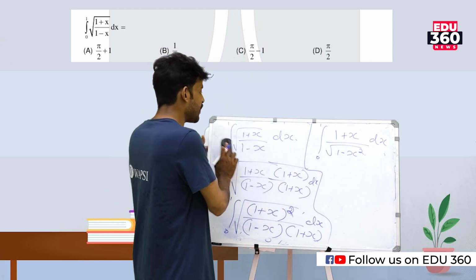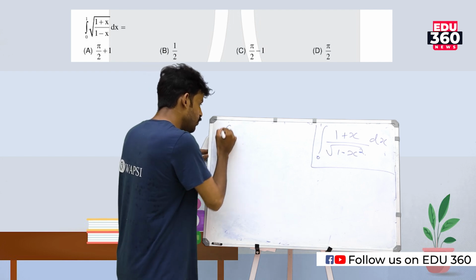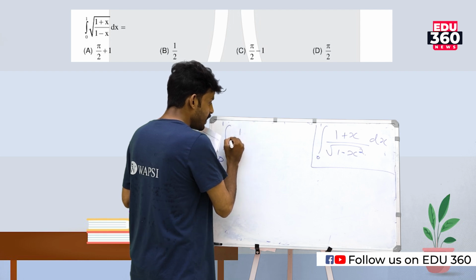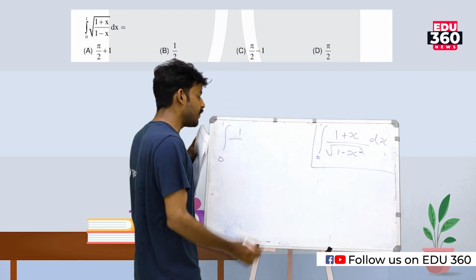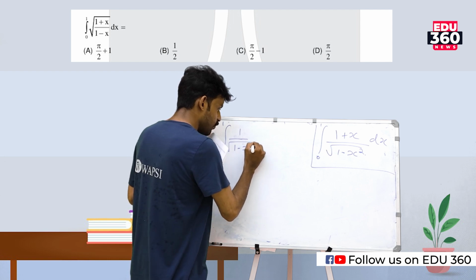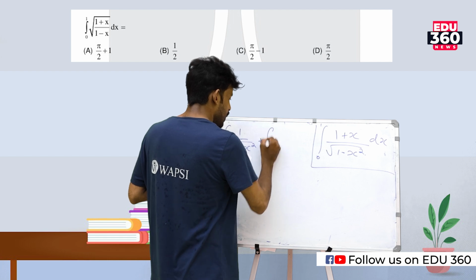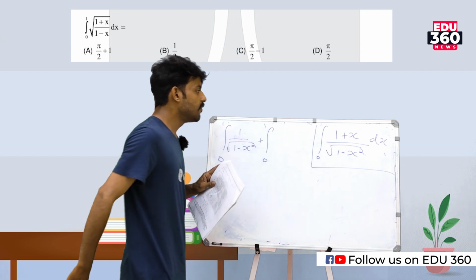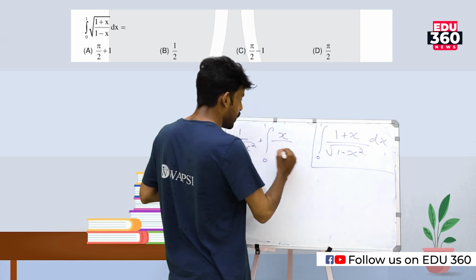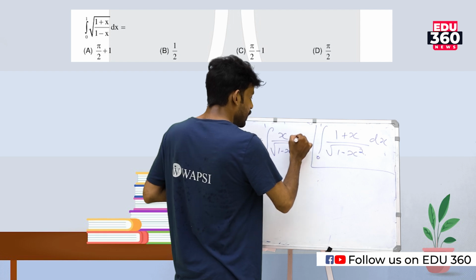Okay, so in the next step I am going to write this as integral of 0 to 1, we can split this: 1 divided by root of 1 minus x square, plus integral of 0 to 1, the next is x, so x divided by root of 1 minus x square dx.